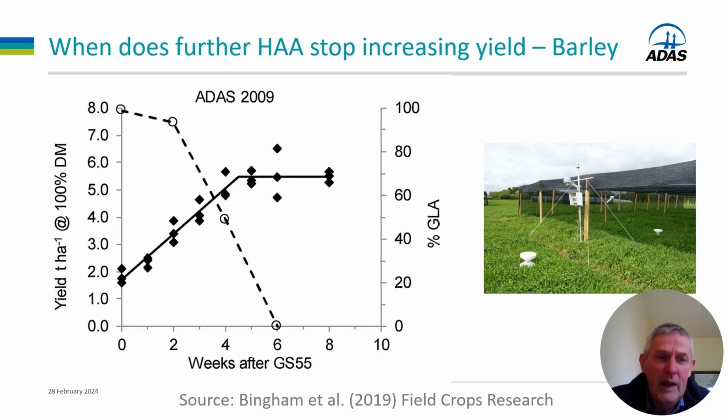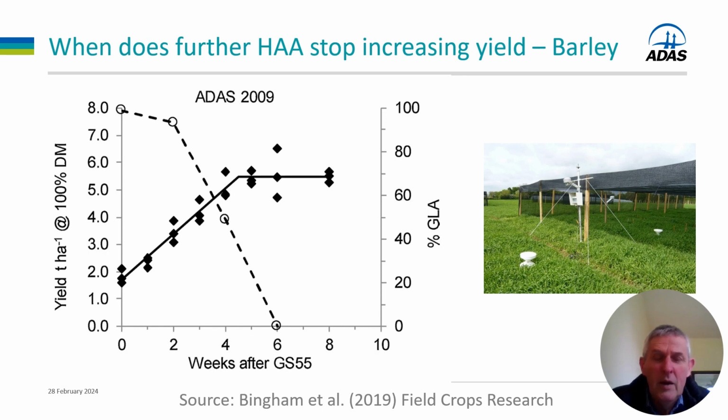If we delayed the onset of shading successively by starting it a week after the ears were emerged, 2 weeks, 3 weeks, 4 weeks, 5 weeks, we can see the yield increases. But then we reach a point where the crop is insensitive to the reduction in light energy absorption, measured as HAR, and the yield plateaus.